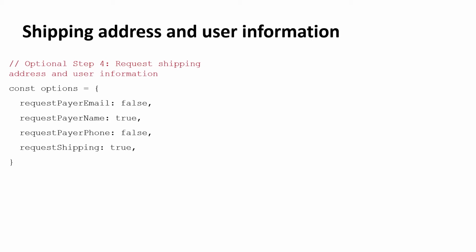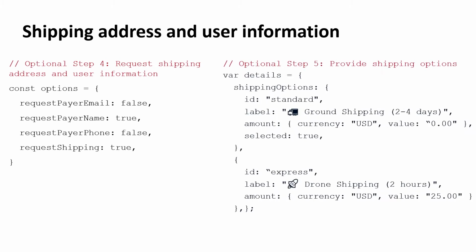As we've seen before, the merchant can ask for more user information, such as username, user phone number and email address, and whether to request shipping or not, so that the user can pick up rather than have it shipped. You also saw me changing the shipping options, so you can add shipping options with special values there.